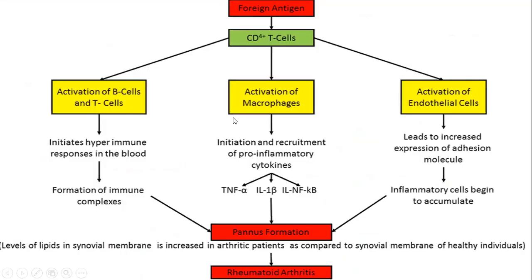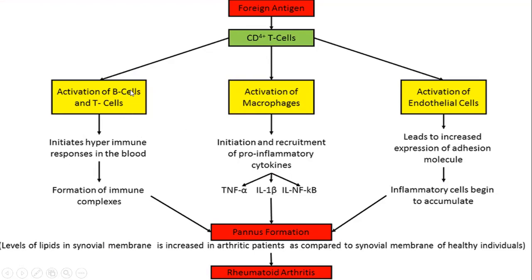So I've mentioned this already. In rheumatoid arthritis or RA, there is stimulation of your CD4 cells. This produces substances which lead to activation of your B cells, T cells, macrophages and endothelial cells.